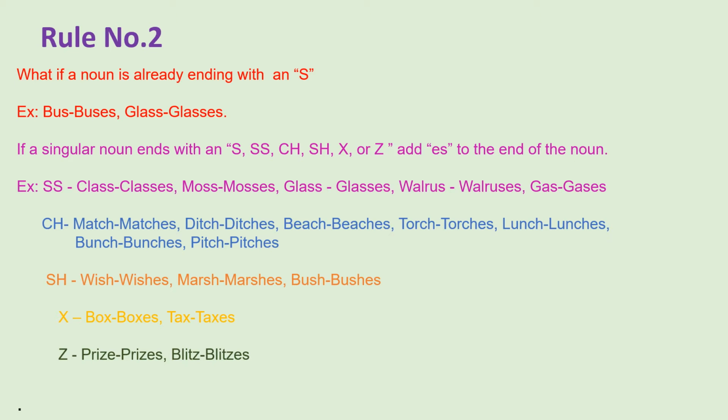Now words ending with sh. Wish, wishes; marsh, marshes; bush, bushes. And words ending with x. Box, boxes; tax, taxes. And then words ending with z. Prize, prizes; blitz, blitzes.